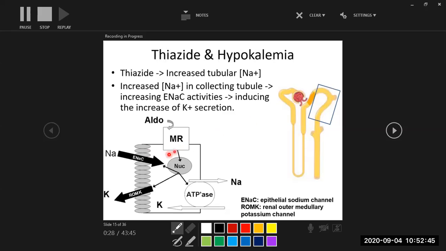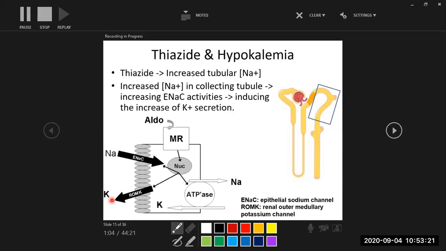When they flow through it, it will increase the activity of the ENaC, and that will lead to a chain reaction: more sodium coming into the cell, increased activity of the sodium potassium ATPase, pumping more potassium into the cell, causing more potassium to leak into the urine. So then we will have the hypokalemia.